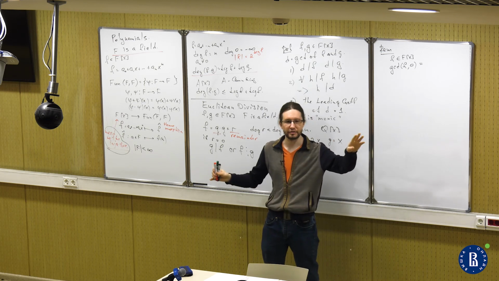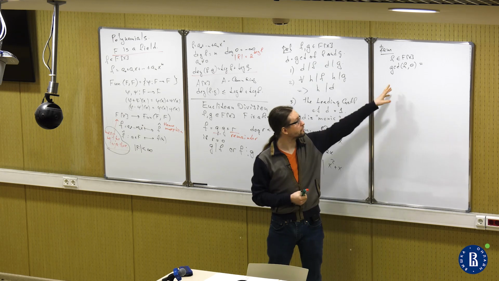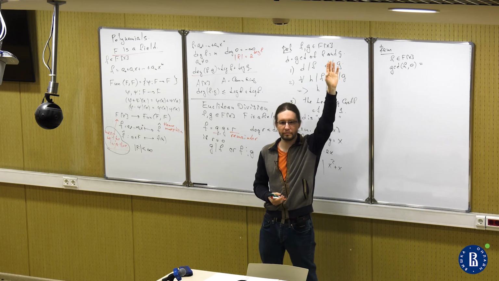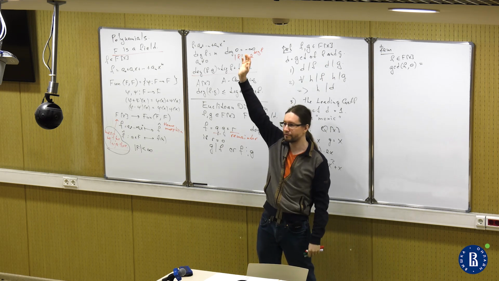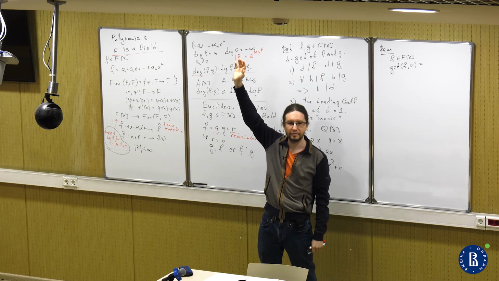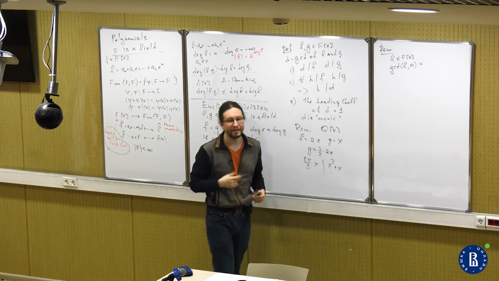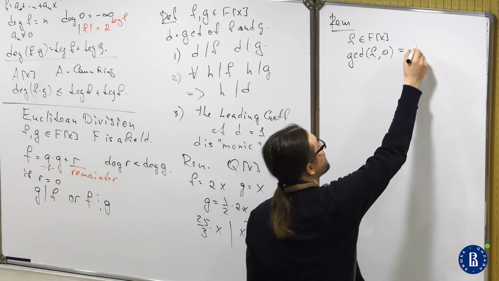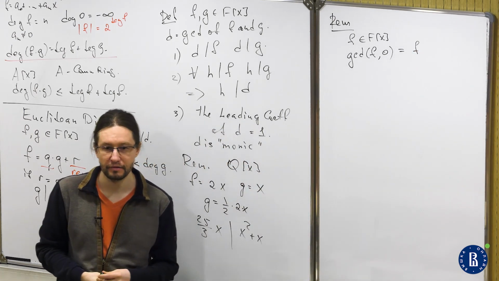Are there any other options? Who thinks that the correct answer is 0? Who thinks that the correct answer is f? By voting, the correct answer is f. But let's check why.